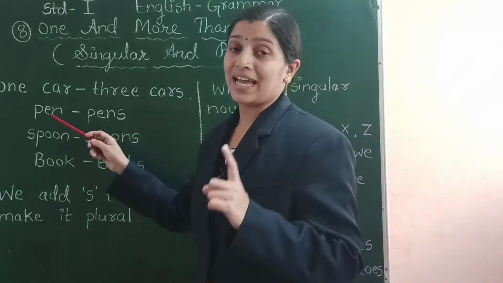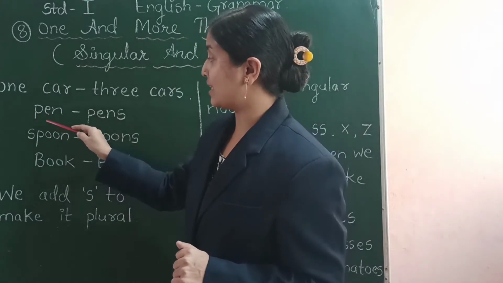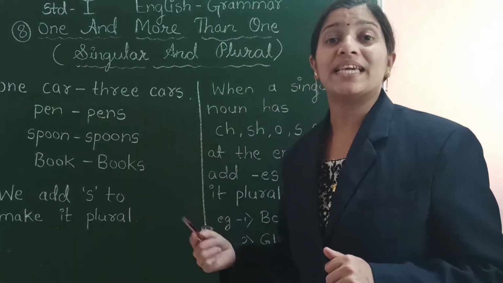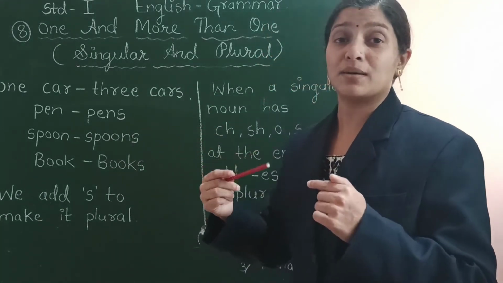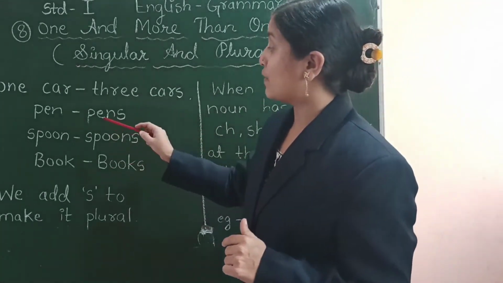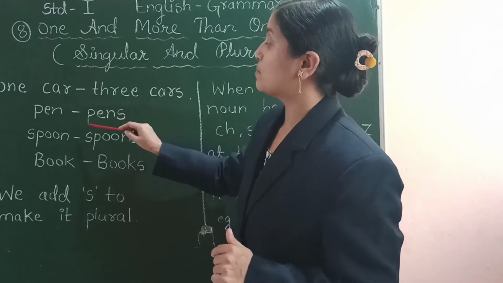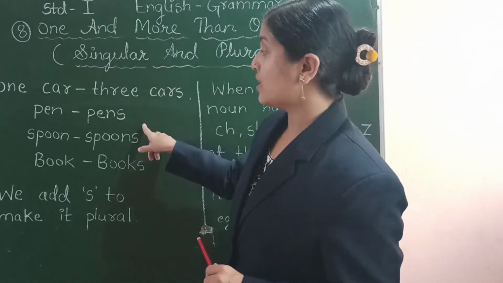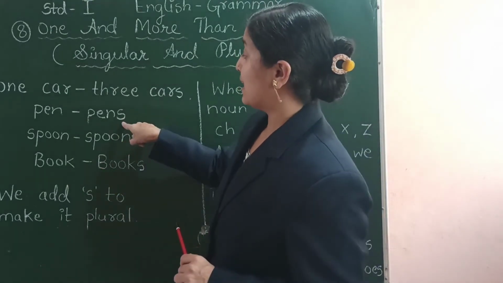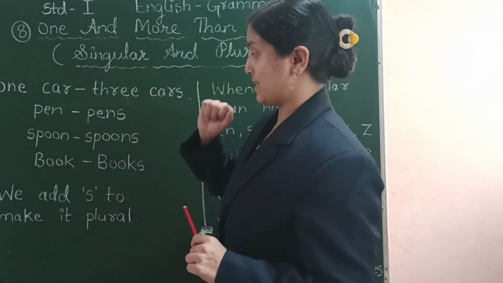Similarly, when I have one pen, I will call it a pen, that is P-E-N, pen. But when the number is more than one, I will call them pens, P-E-N-S, pens. So what did I do here? Here too I added s to make pens.